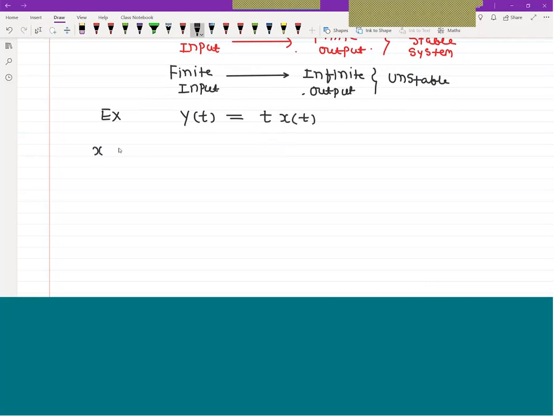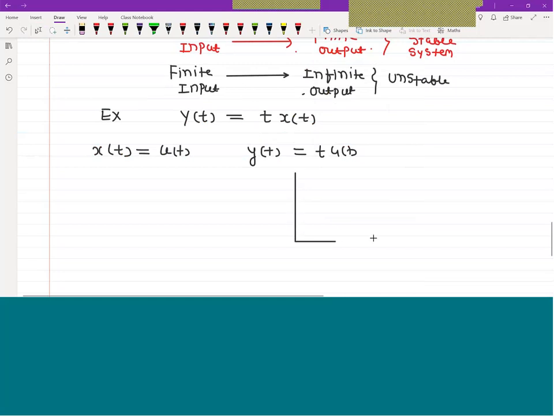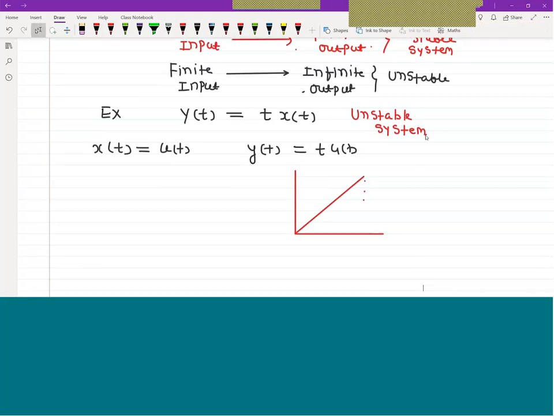Let's say I am taking one signal, x of t equal to u of t. u of t is a bounded input. Will it produce a bounded output? No. What is the output? Output will be t times u of t, and t times u of t is unbounded output. Somewhere its amplitude will become infinite. So this is an example of an unstable system. Remember, a signal is not unstable; a system is stable or unstable.